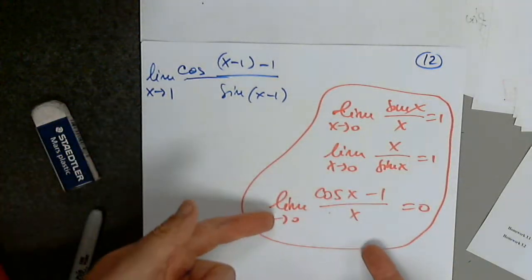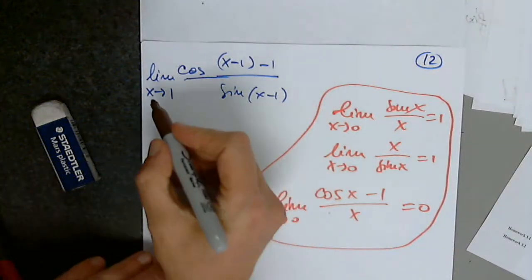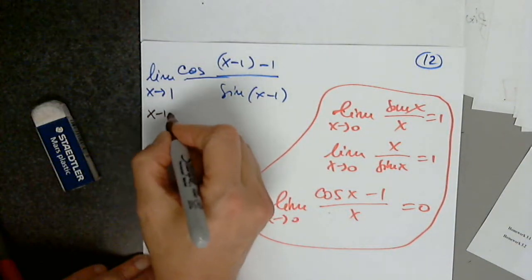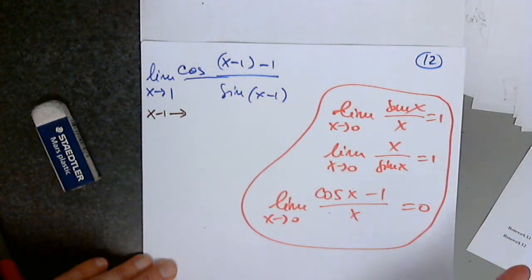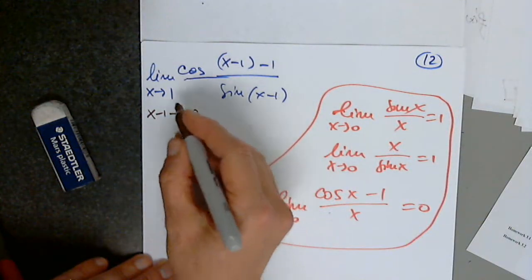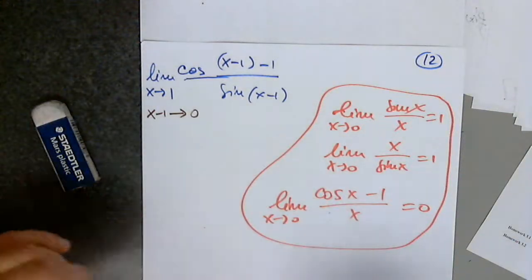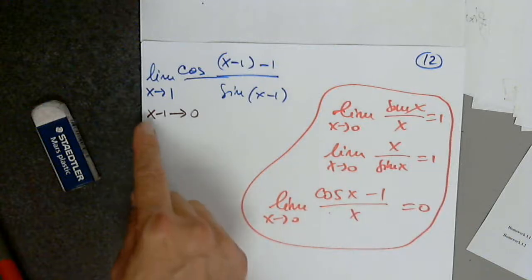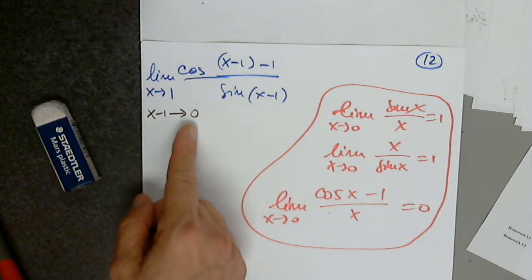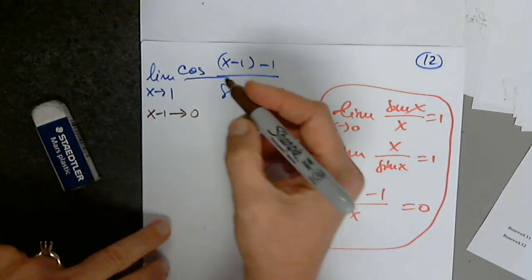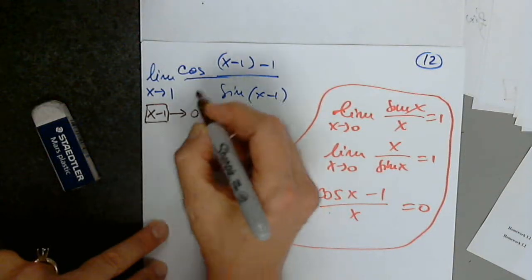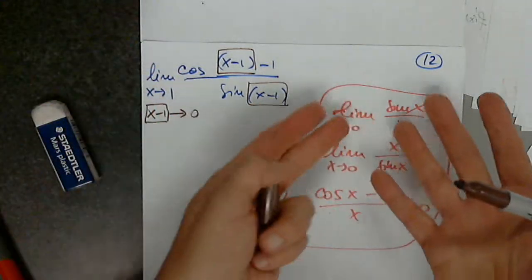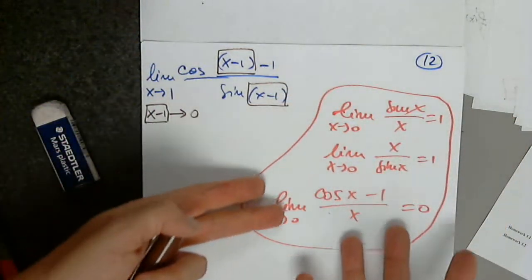And then I don't have 0, but when I say x approaches 1 and I move 1 to the other side, x minus 1 must approach 0. So if I tell you x approaches 1, I'm also telling you x minus 1 approaches 0. So now I do have the box, but this does not resemble anything I have.